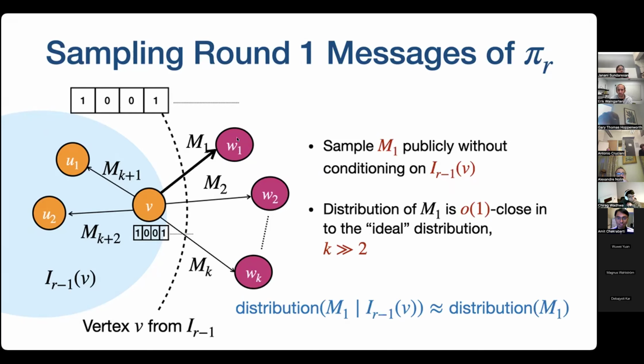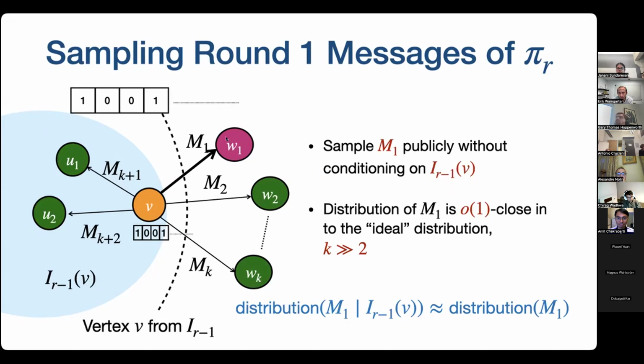And whatever distribution you use to sample M1 is not going to be too far from the right distribution we should have used either. Mainly because from the perspective of V, when it sends this message M1, it is going to look at all its neighbors and send M1 as a message.